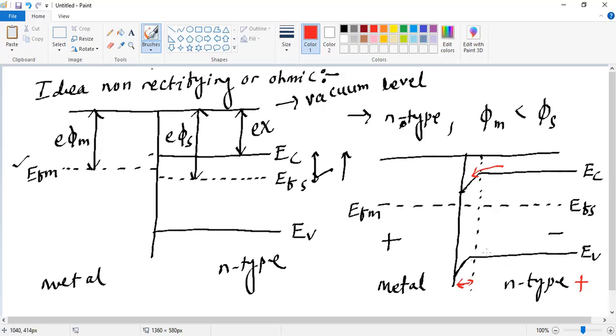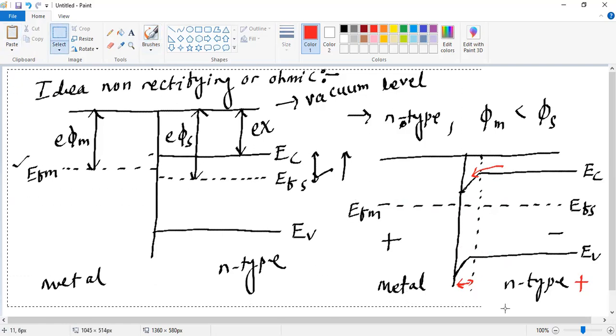For this bias condition, electrons can easily flow from the metal into the semiconductor, as you can see. So the barrier height in both cases, from the metal to the semiconductor and from the semiconductor to the metal, is small. I will show you two better diagrams to understand this.